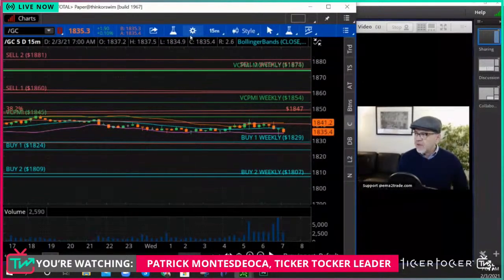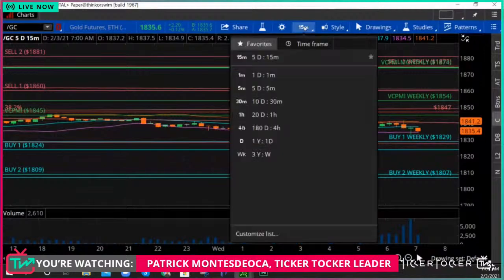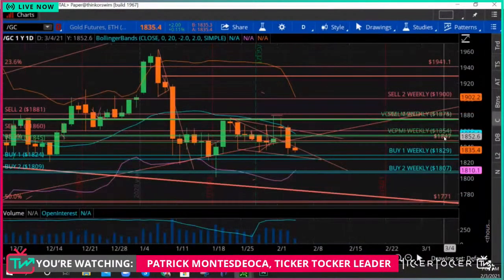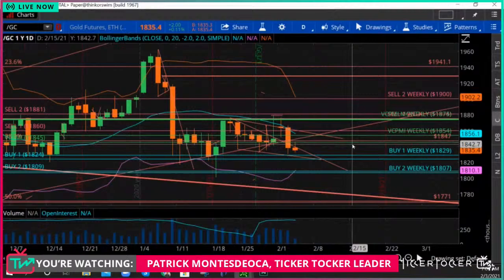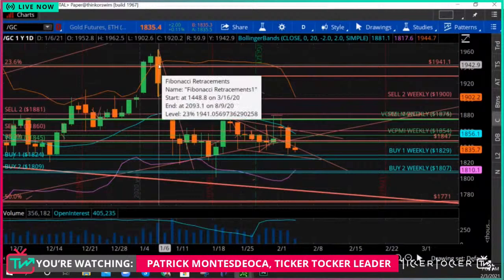Let me open up the chart here for a minute, and let's take a look at the daily chart. And what we see here basically is that the market on January the 6th, after making a high of 1962.50, activated a reversion or a reversal back to the mean.